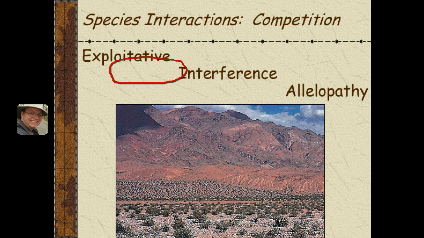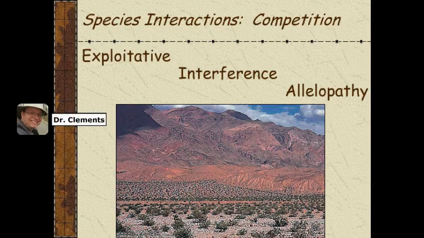So in exploitative competition, we have two organisms. One of them is more efficient, then it's going to be the one that gets to stay. It can exploit the niche better, and its competitor can't, and it's going to have to go.